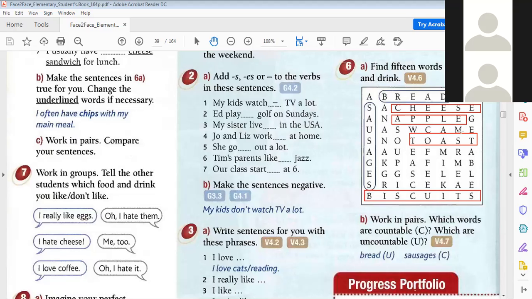Tea. Eggs. Yes, this is tea. And milk. Rice. Here it is. Yes. What else? Bananas. Oh, it's singular. Banana. Soup.